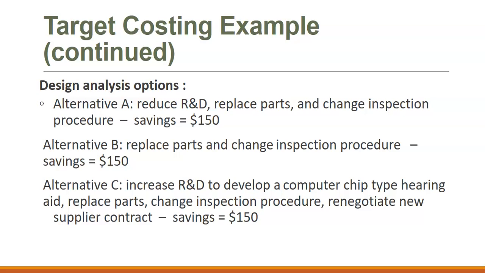In alternative B, we're just going to replace parts and change inspection procedure. And in alternative C, we're going to increase our research and development to develop a competitor to that computer chip hearing aid. And then we're going to replace parts, change the inspection procedure, and negotiate a new supplier contract.